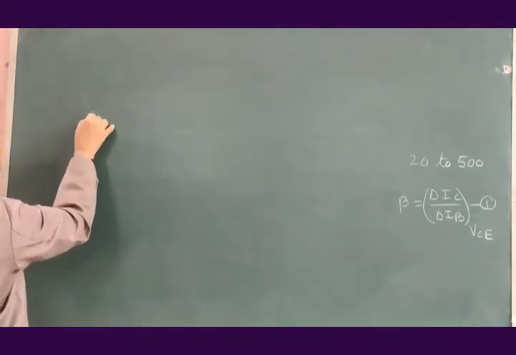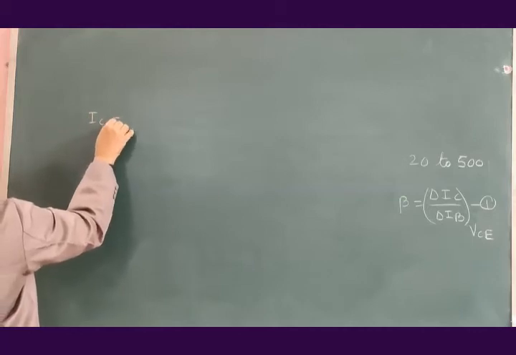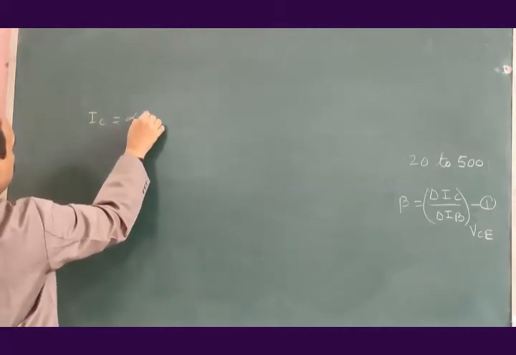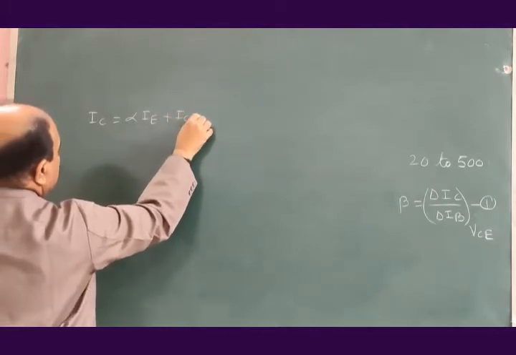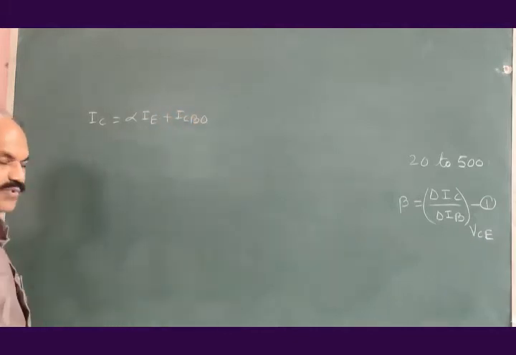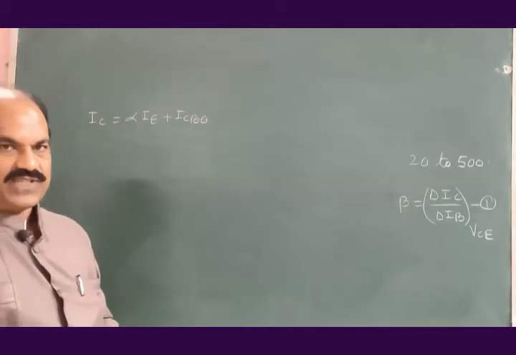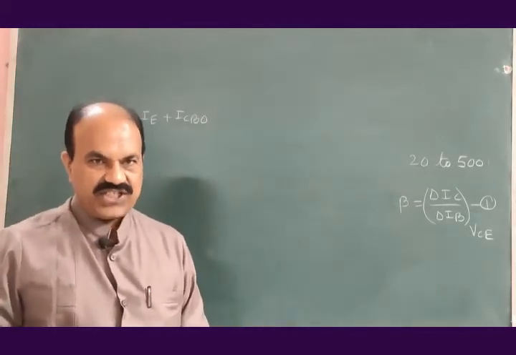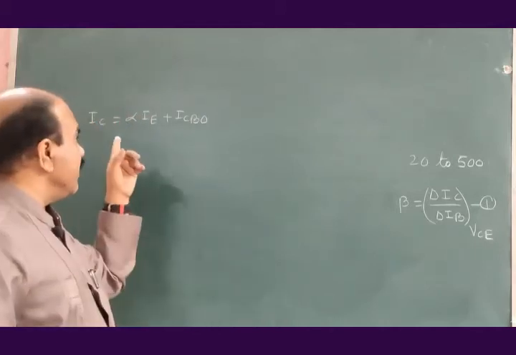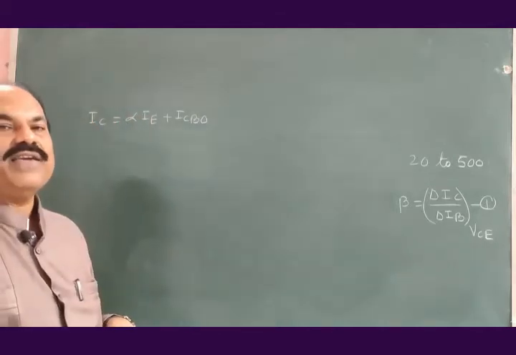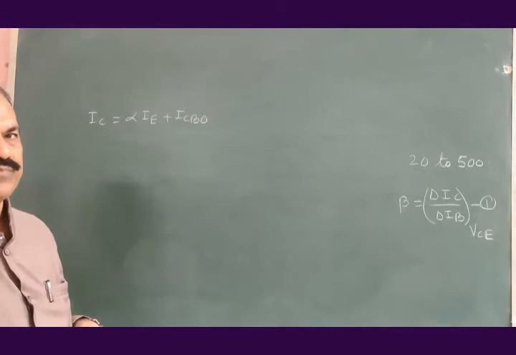We know IC is equal to alpha IE plus ICBO. In general, collector current is always given by alpha IE plus ICBO.